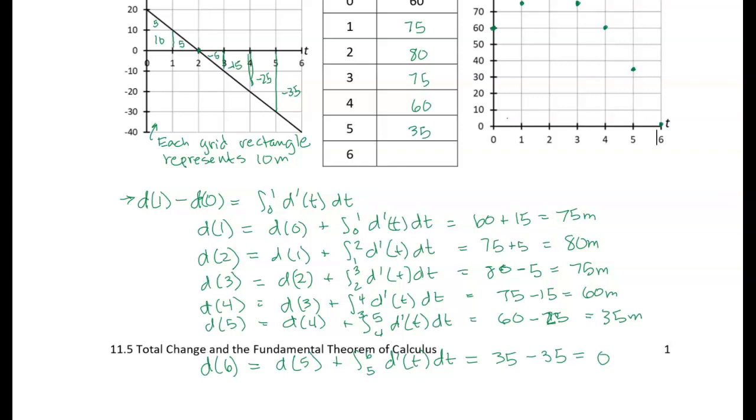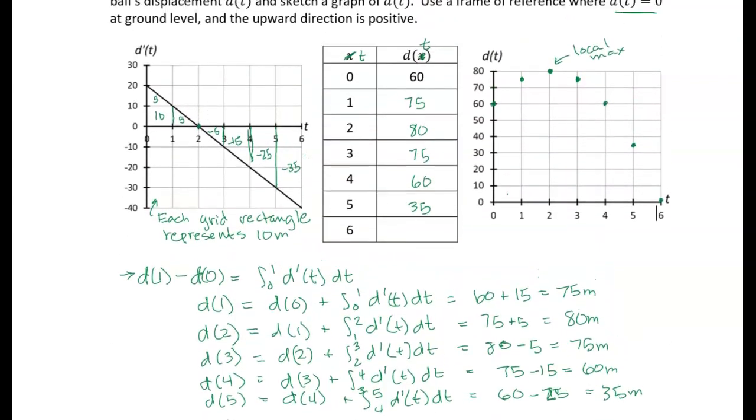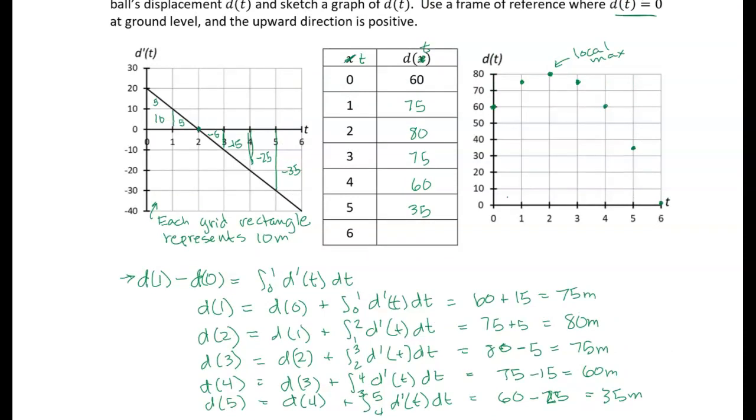So we're getting all kinds of information now. About the original function from the rate of change, right? We started with just velocity, just looking at the velocity, and then of course looking at the behavior of the velocity.